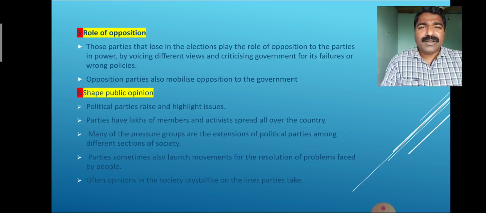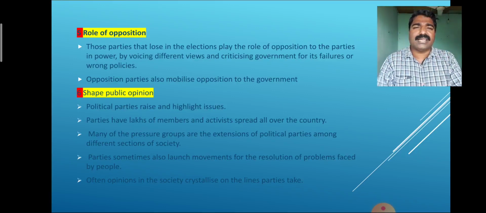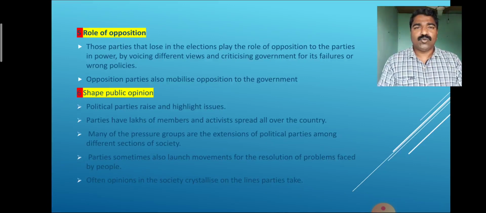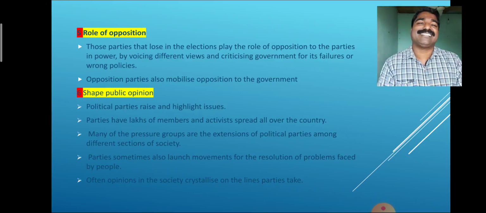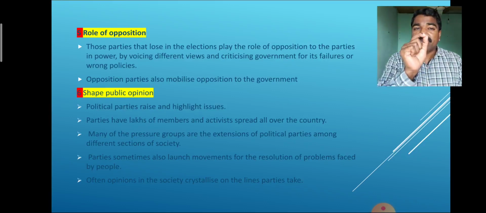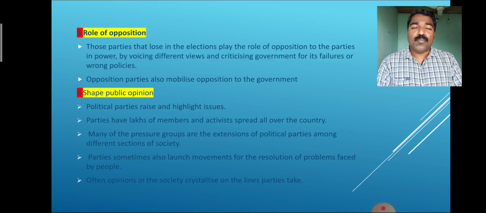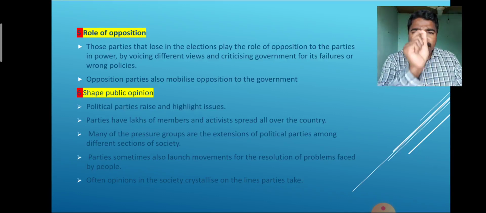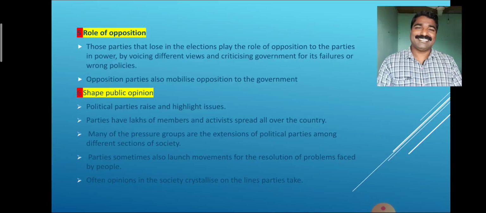If there are failures or wrong policies, who will criticize? Who will make their voice heard? Opposition parties. Opposition parties also mobilize opposition to the government. Therefore, the ruling party should be very vigilant.